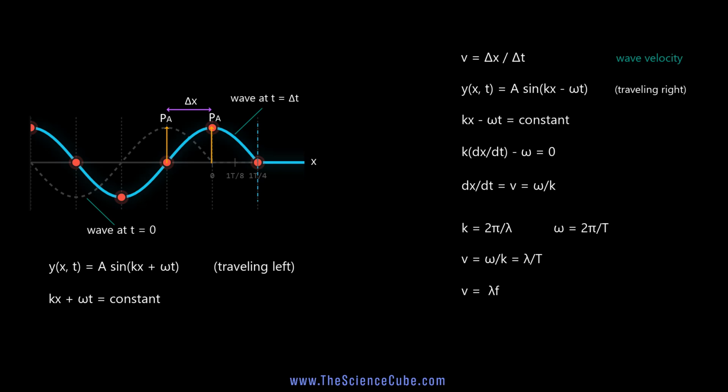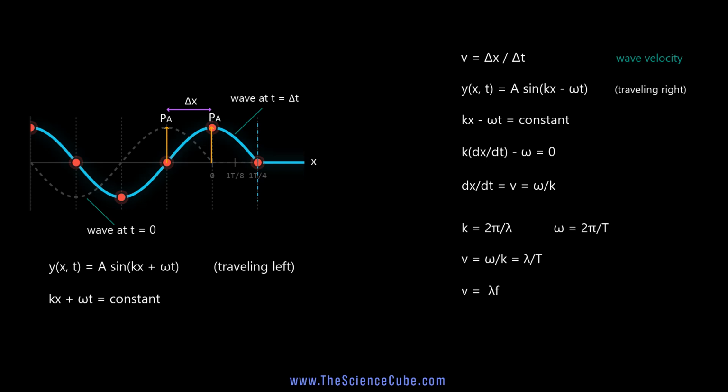And now for this argument to stay constant, x must decrease as time increases. That is, as t increases, x becomes more and more negative, offsetting the gain here. Thus, a wave traveling in the negative direction of x is described by the equation y of x,t equals A sine kx plus omega t.